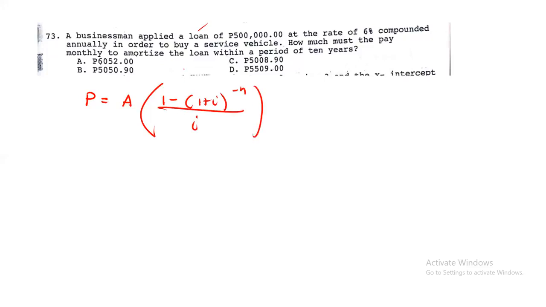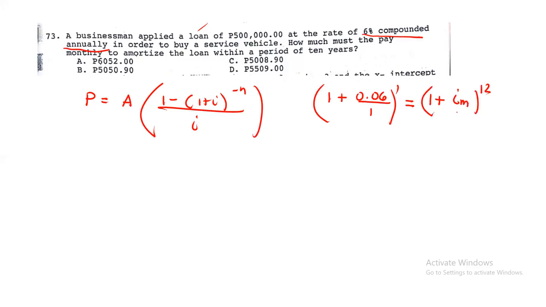Then, if we notice, our interest rate here is 6% compounded annually. So, we should convert it into monthly, because what we are looking for is the monthly payment, or monthly annuity. So, 1 plus 0.06 divided by 1, because annually, raised to 1, is equals to 1 plus the monthly interest rate raised to 12.